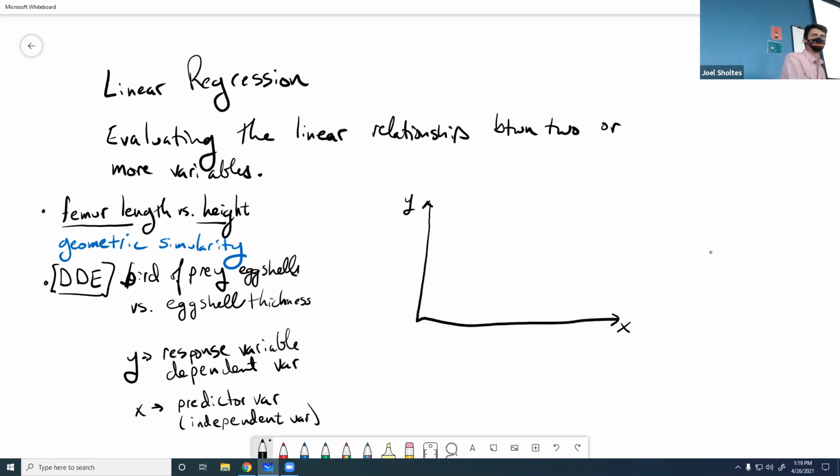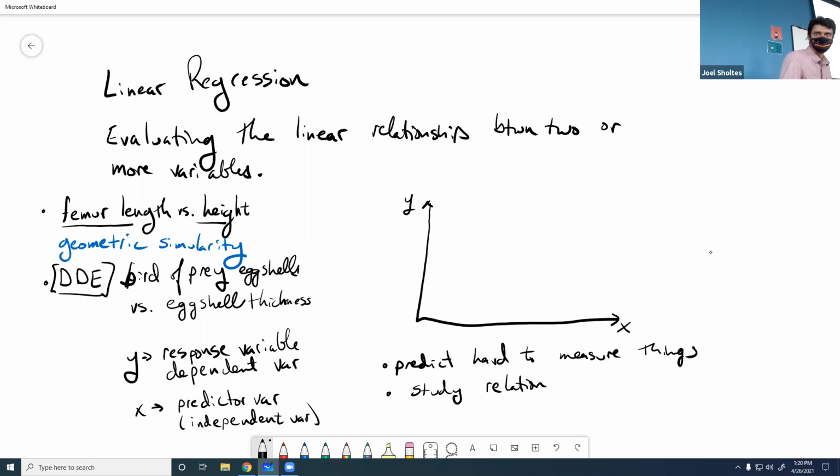Does the increase in concentration of DDE result in thinner eggshells, right? So there are two things you can do with linear regression. We can use it to predict hard to measure things, and we can use it to study the relation between two or more variables.